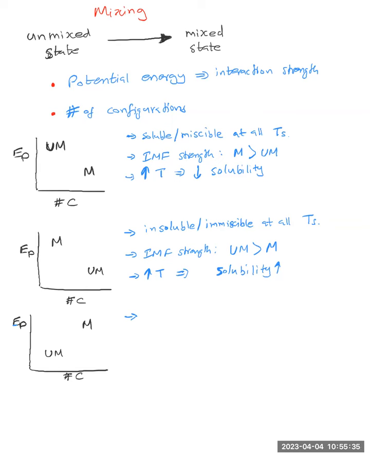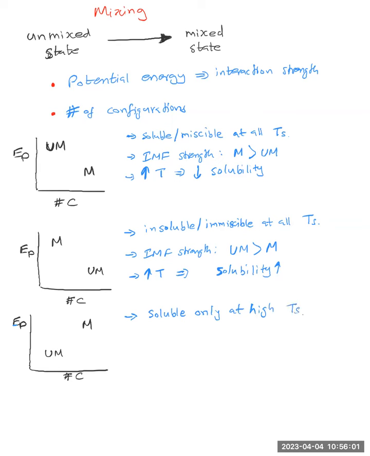Now, if this is the situation, this is going to be soluble only at high temperatures. Okay, that's going to be the correct way of putting it. Soluble only at high temperatures.